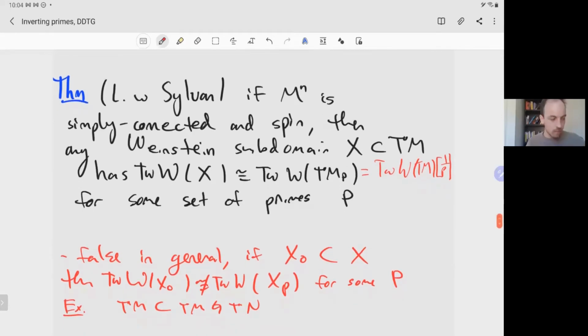Okay. Anyway, so far we have this operation of going from X to X_p, which localizes the Fukaya category. It's a subdomain, so you get this lattice. In the case of a cotangent bundle, those are basically all the subdomains from the point of view of the Fukaya category.